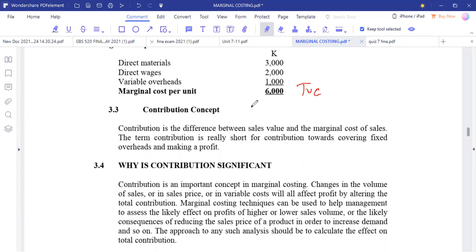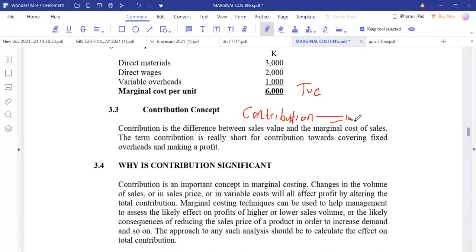So contribution in this case is going to be the sales. So that's a major difference here, like I mentioned. Our contribution here will actually be the sales, or the selling price, which is 10,000, then minus 6,000.